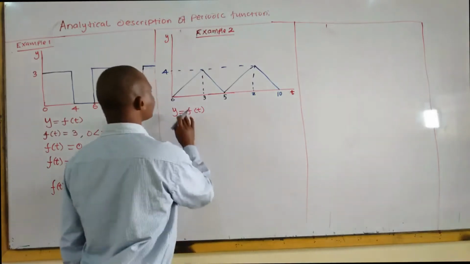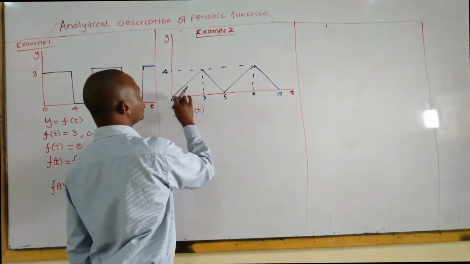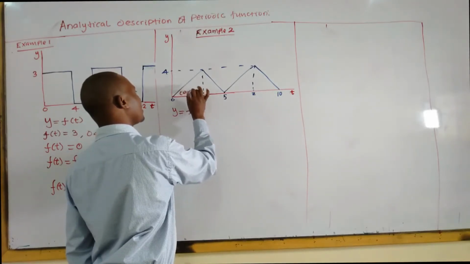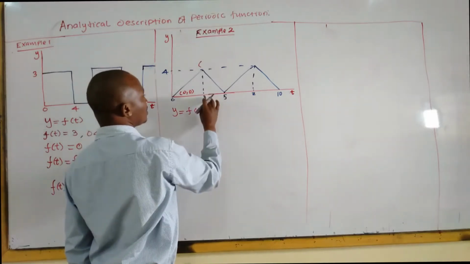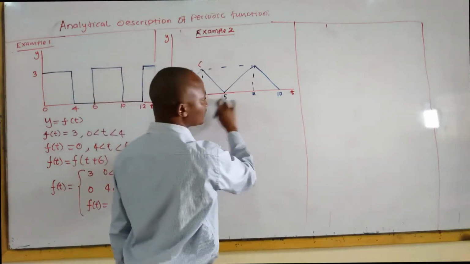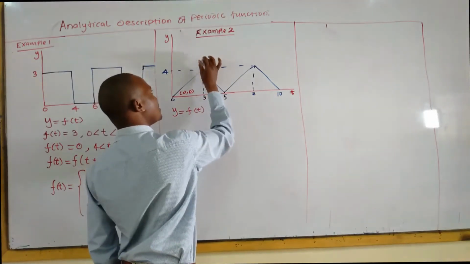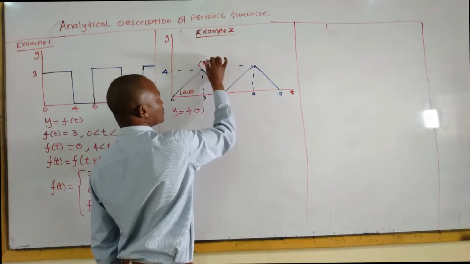So here, this point is the origin, 0, 0. At t equal to 3, the value of y is 4.